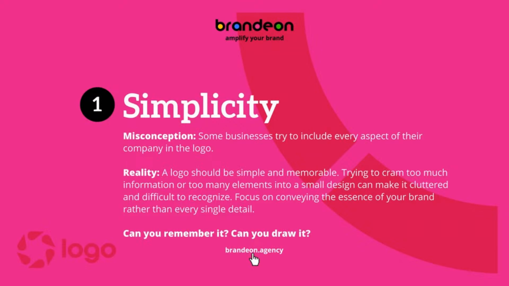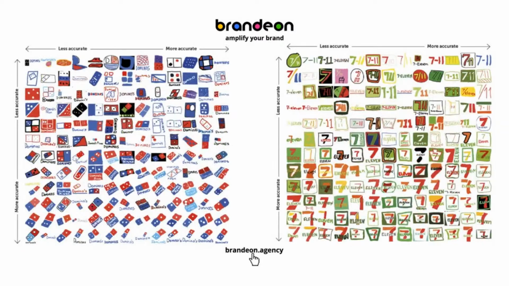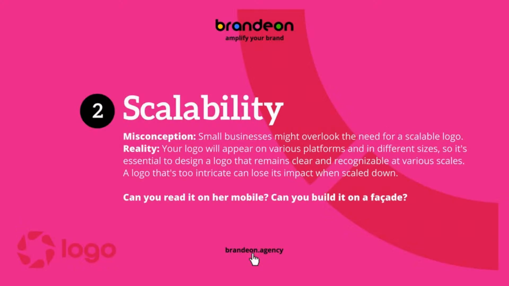As you touched on, can you remember it and can you draw it? So I think those examples you gave there were pretty clear on how if your logo is memorable enough, you should start to see some of the results you're seeing on the screen there. Let's move into the second one. I'll let you read off the screen first and then get into your explanation.